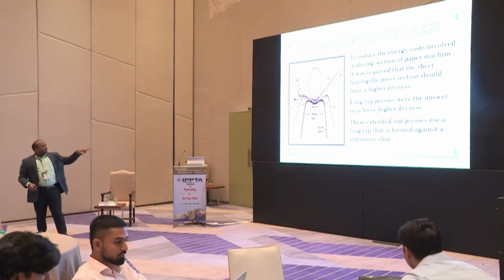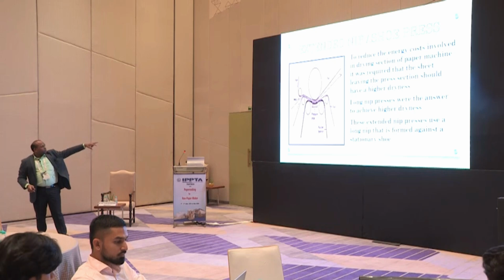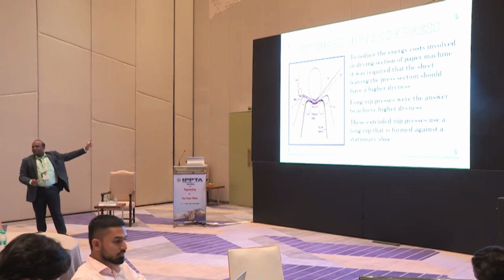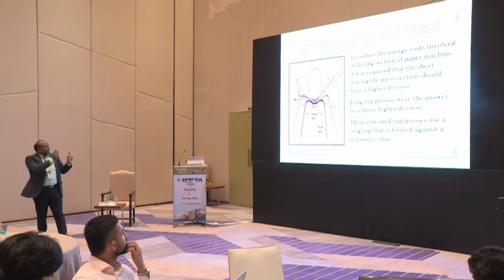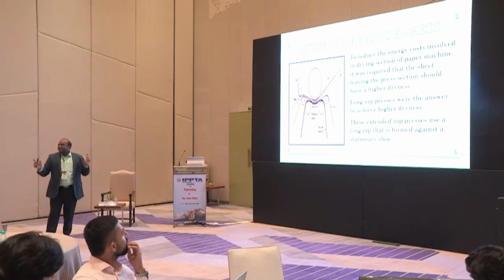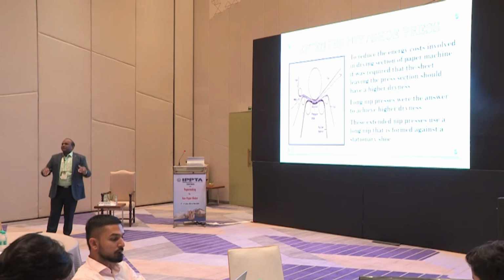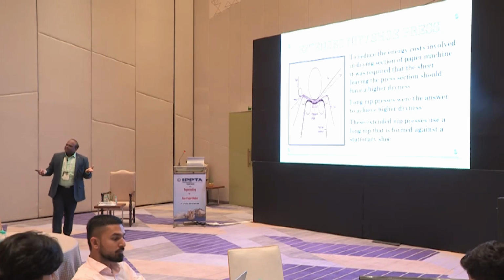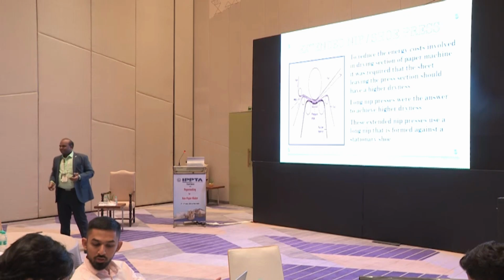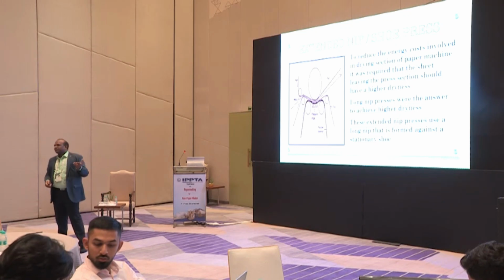In this circuit, can you see the press shoe? That is the main key element, whereby the dwell time has been increased. So the traveling time of paper in the press part is increased, and we can get maximum dryness. So at higher speeds also it is helpful.